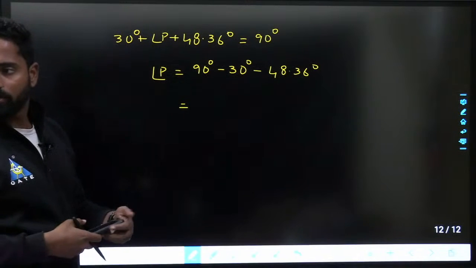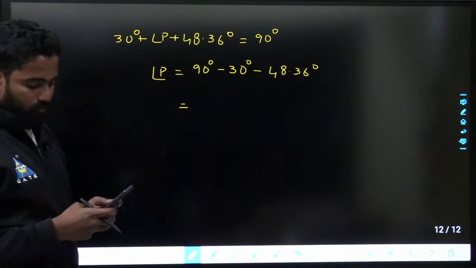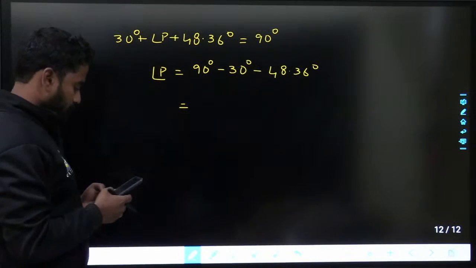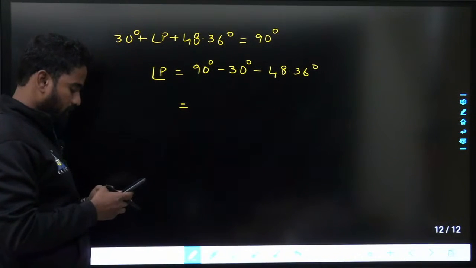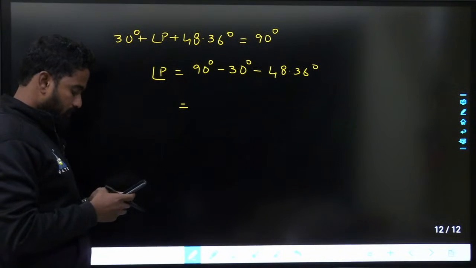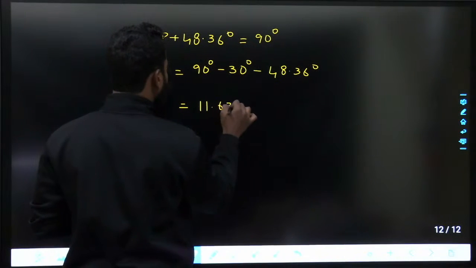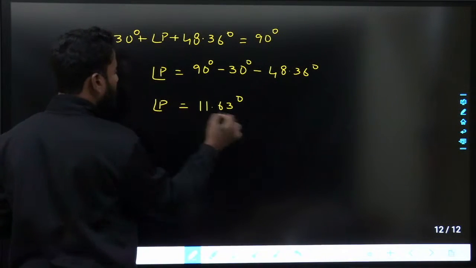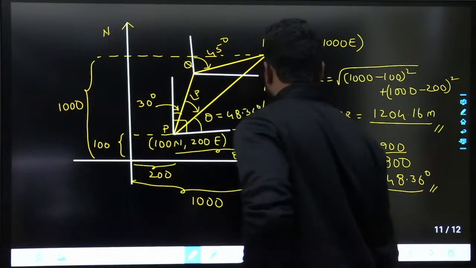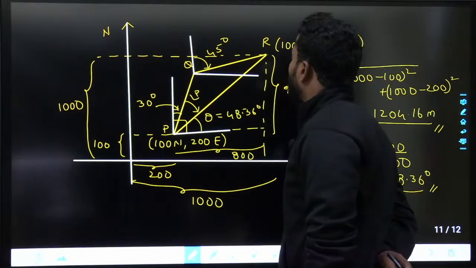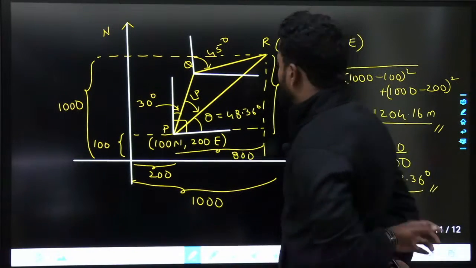The value of angle P is 11.63 degrees. Fine, you got angle P is 11.63 degrees. We found out angle P.